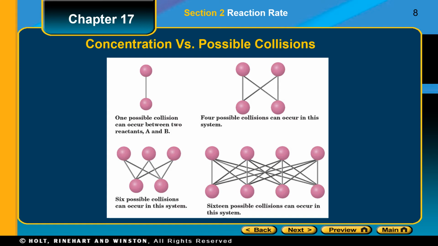If I go down to the bottom left, where I have 5 of them, I have 6 possible different collisions that could possibly occur. And then the one on the right, where we have 8 particles, we can have 16 possible collisions. So as you can see, as we increase the number of particles, we're increasing the possible collisions that they could have.